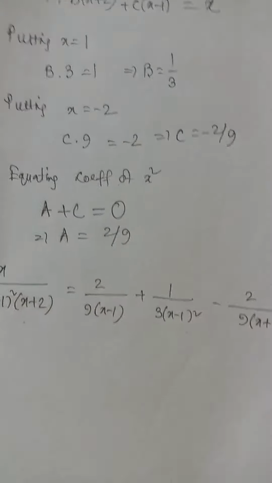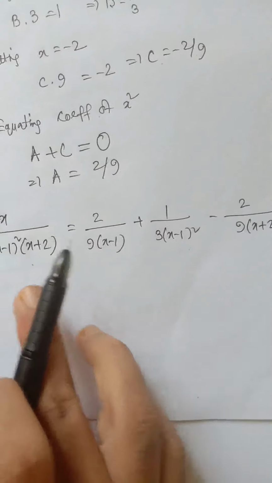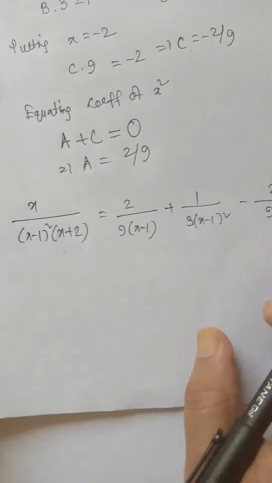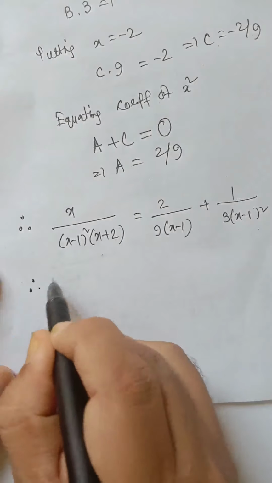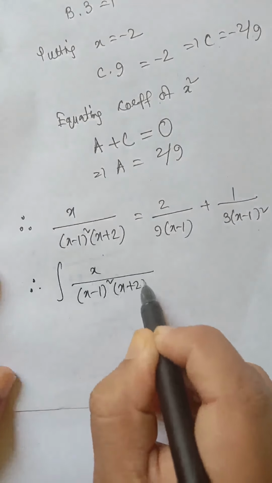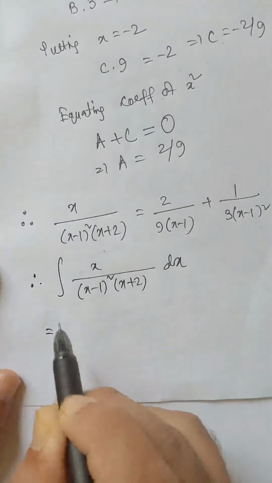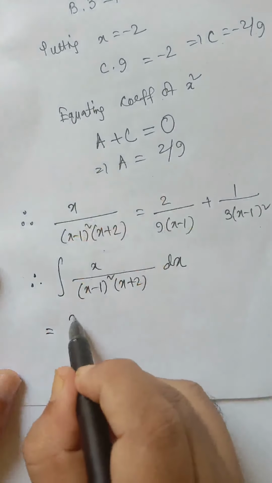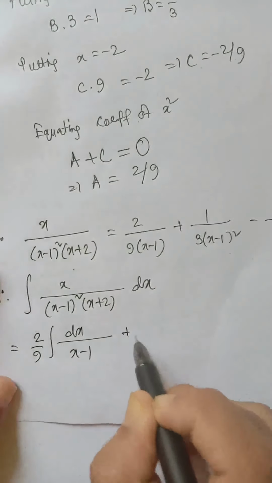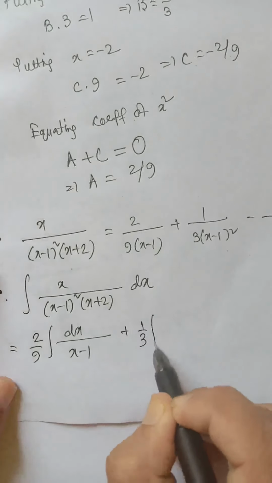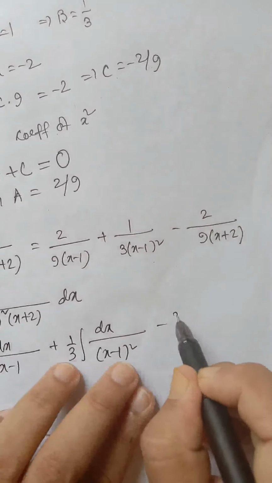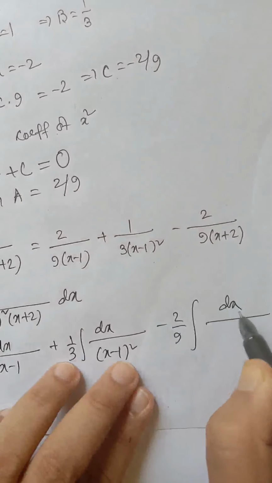Putting the values of a, b and c, we can write it this way. So the integration of x by x minus 1 whole square into x plus 2 dx, which is the given question, equals integration of 2 by 9 dx by x minus 1, plus integration of 1 by 3 dx by x minus 1 whole square, minus 2 by 9 dx by x plus 2.